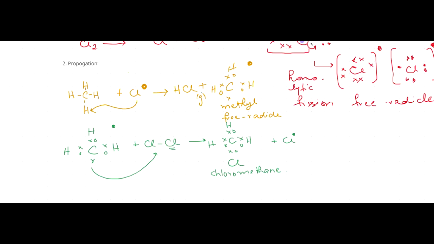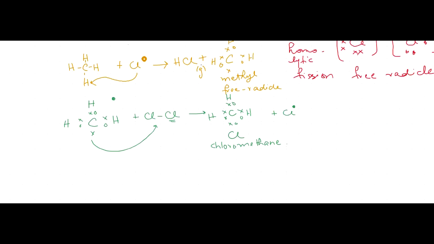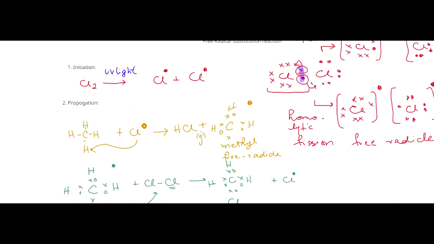Now, this reaction is going to keep on happening indefinitely unless termination happens. There is a criteria for termination. The criteria for termination is this: if any two free radicals react with each other, we will see termination.